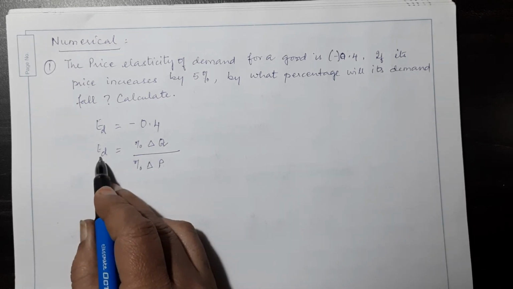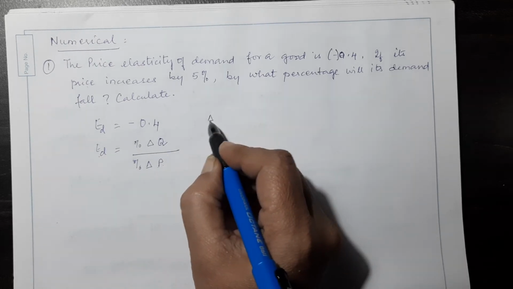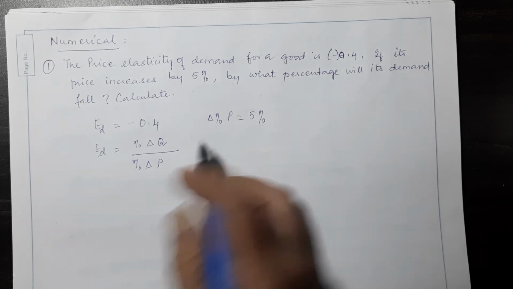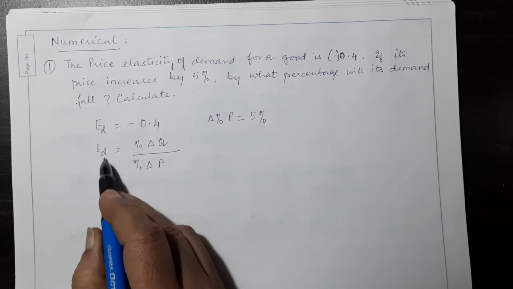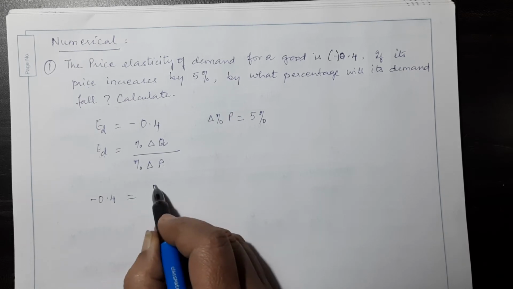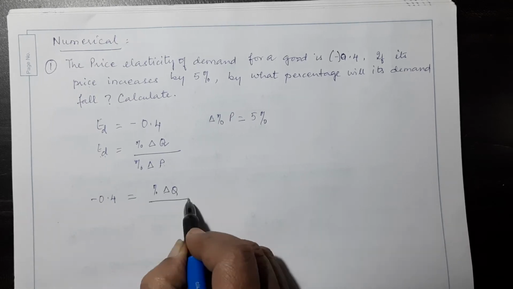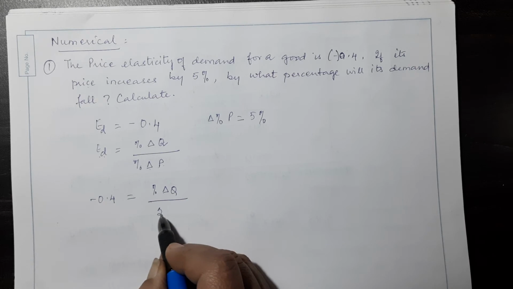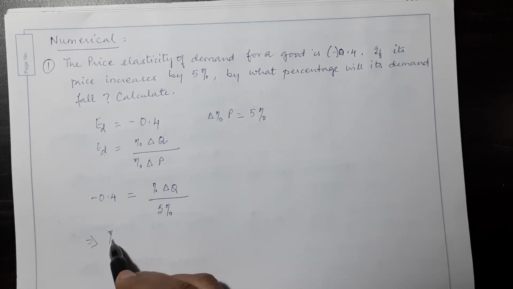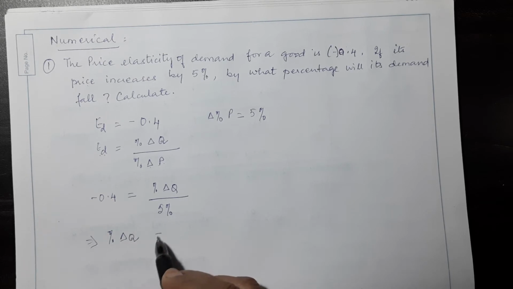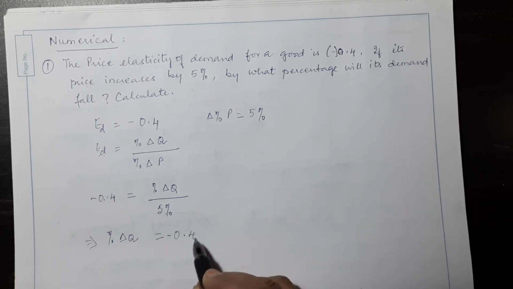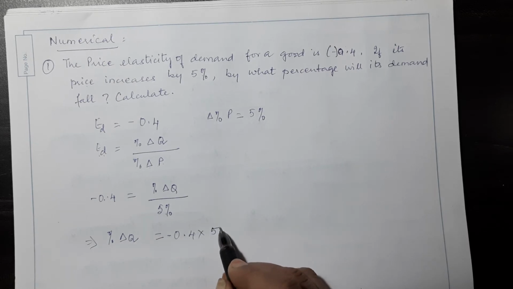We know ED is equal to minus 0.4, and percentage change in price is also given to us as 5%. We'll put these values over here. So ED is equal to minus 0.4 is equal to percentage change in quantity divided by this, which is given as 5%. Okay, so that implies percentage change in quantity demanded is equal to, just multiply, minus 0.4 into 5%.